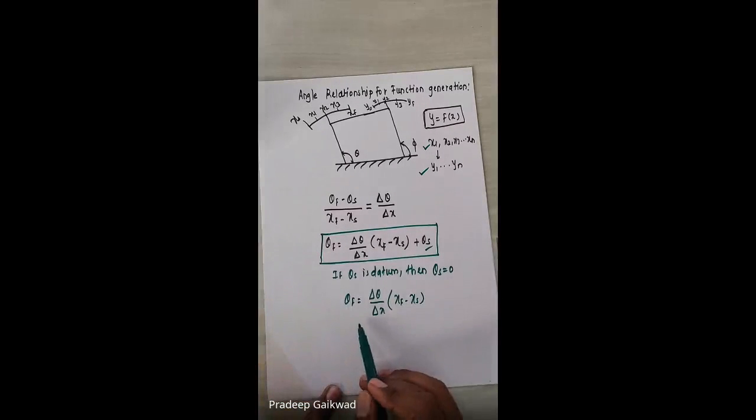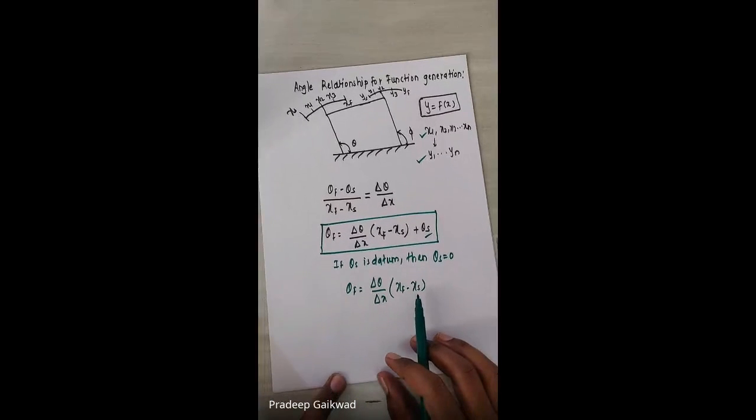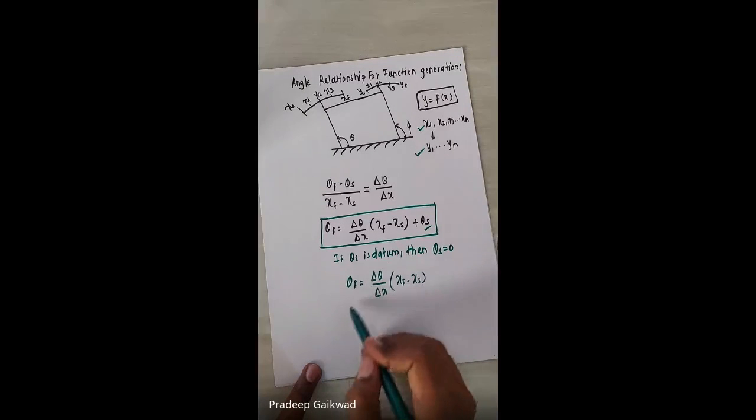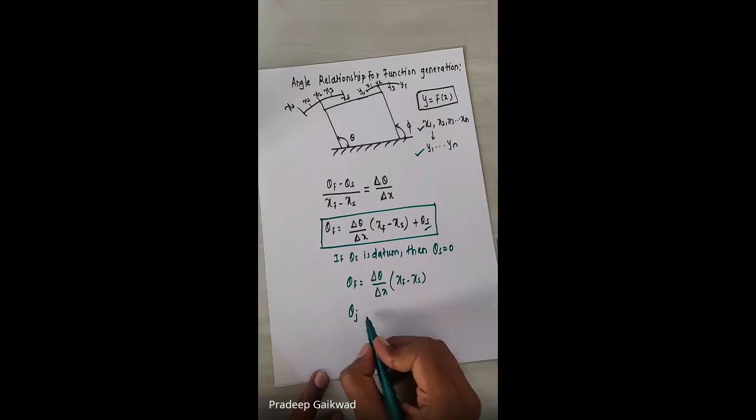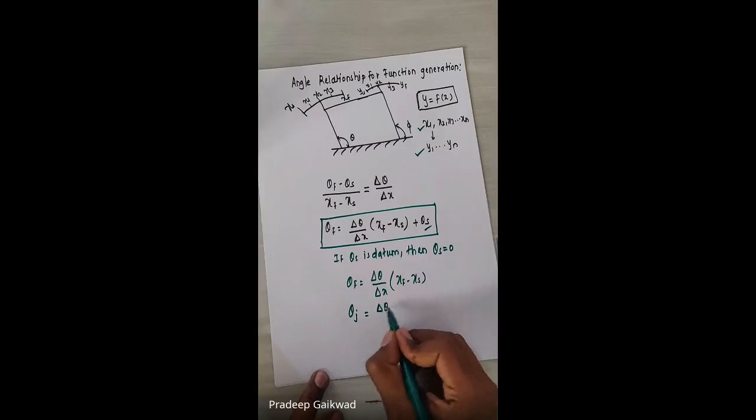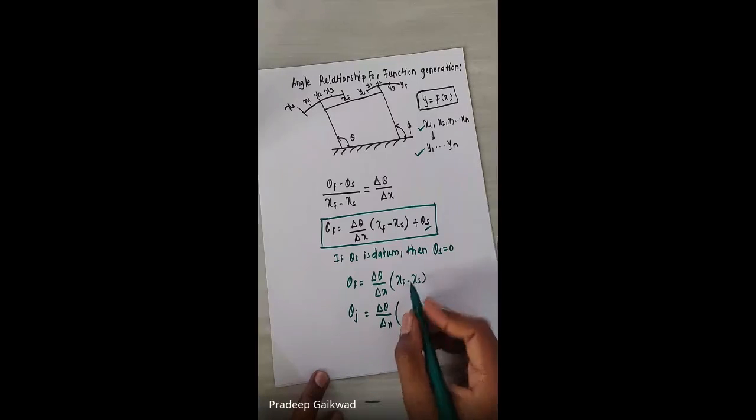But it is for the final position. In general, how can I write this equation for any angle? Let's say replace f by j. J is any position. So theta j is equal to delta theta by delta x into, instead of f, I'll write xj. So it is x of j minus x of s.